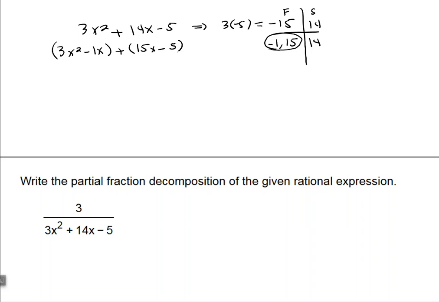All right, factor out the GCF from each group. So I end up with 3x minus 1 times x plus 5.